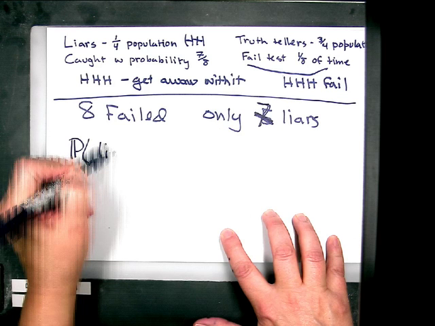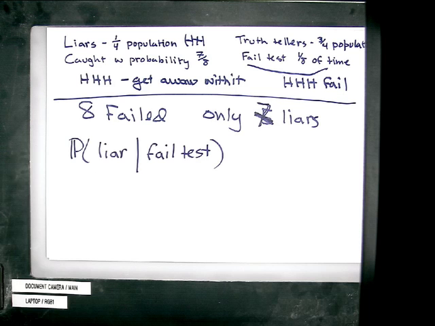The test is really quite good at failing liars, but it also makes mistakes sometimes. We got a little unlucky here in that most of the people who failed were liars. Typically, it should be a slightly larger proportion of truth tellers.